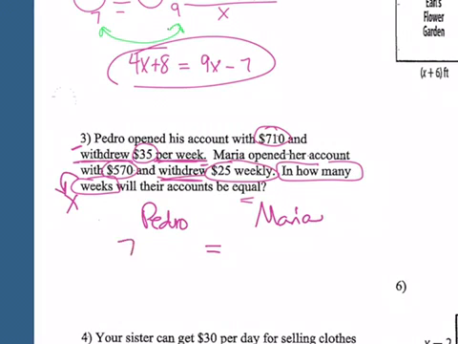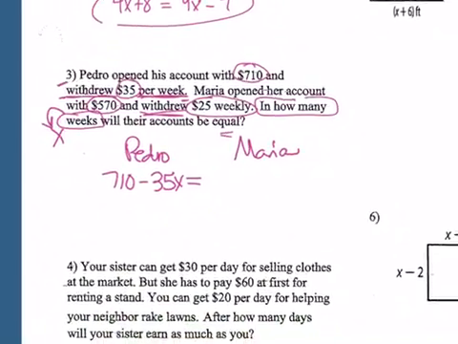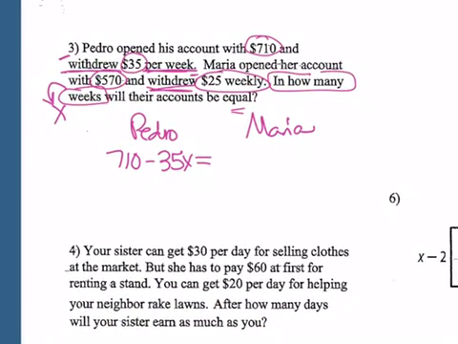So he starts with 710 and he withdraws $35 every week. Same type of situation for Maria. She started with 570 and she withdraws $25 a week.